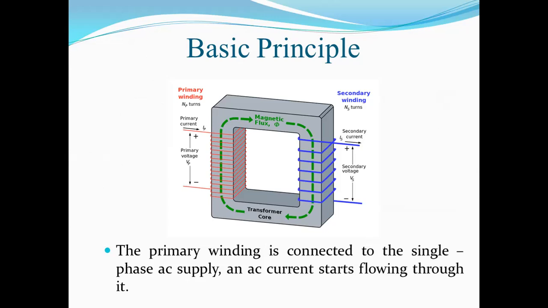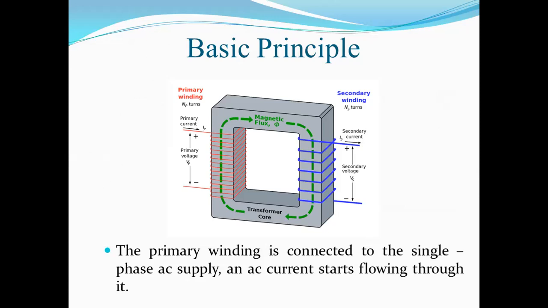Any winding connected to the supply is known as the primary winding, and the voltage across it is VP. Any winding connected to the load is known as the secondary winding.